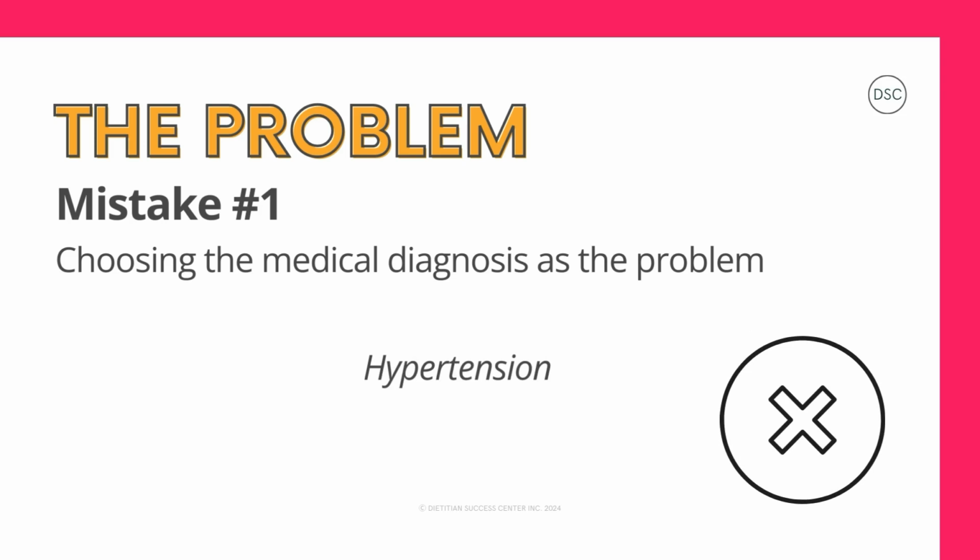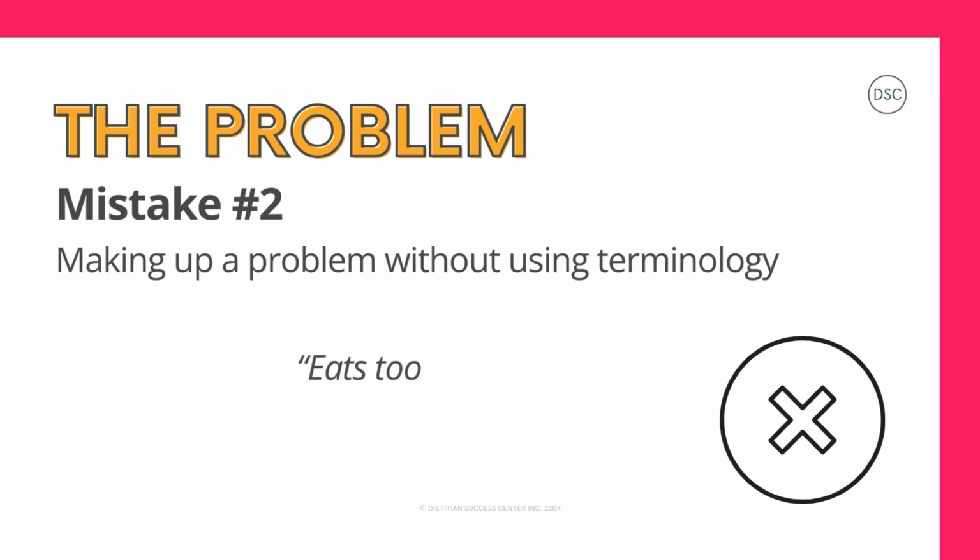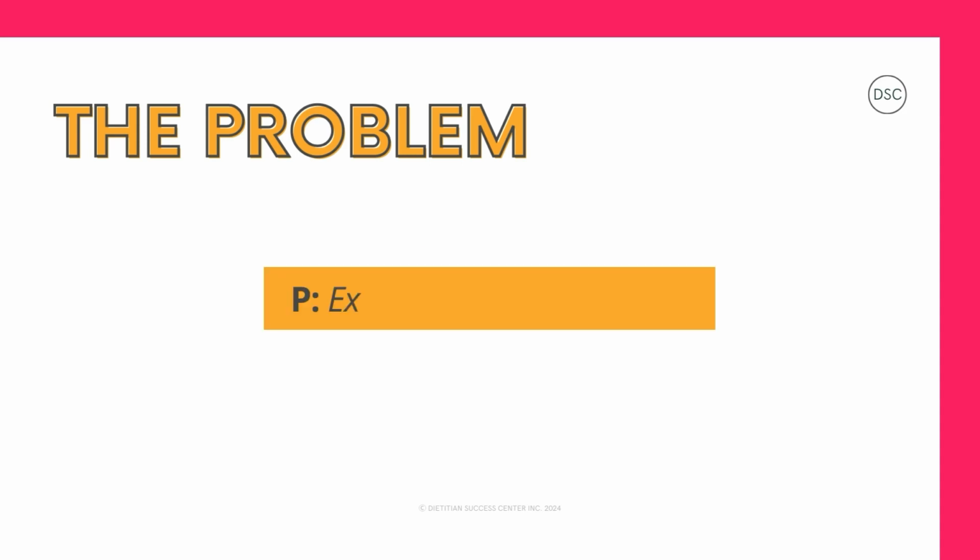So, for example, if you were to write hypertension as the problem. And mistake number two, making up your own problem rather than using NCP diagnostic terminology. For example, if we said eats too much sodium, which isn't an NCP term, we can instead choose a specific term from the NCP diagnostic terminology that relates to the nutrition problem we will be addressing. So for Sarah, we'll choose excessive intake of sodium.